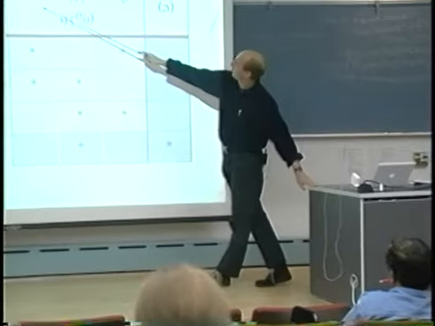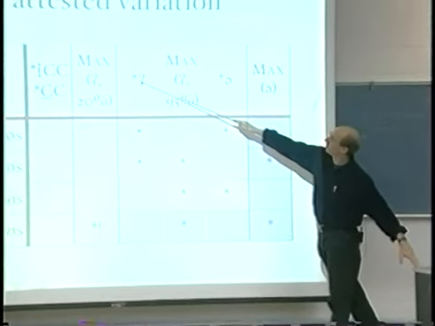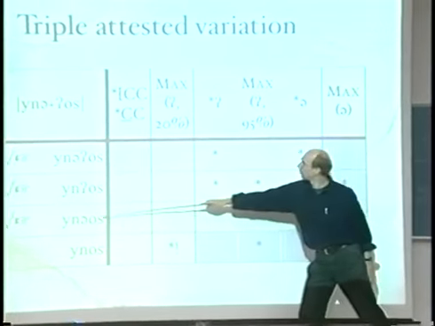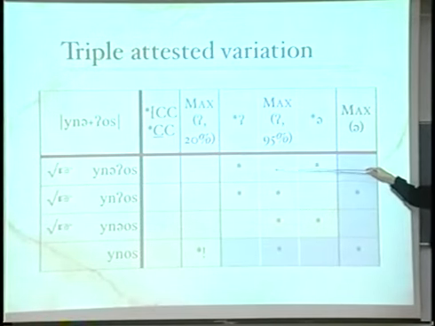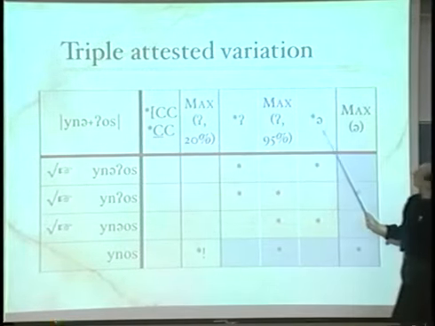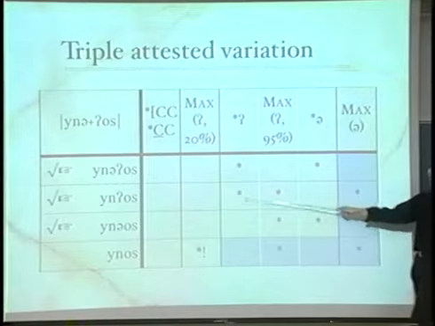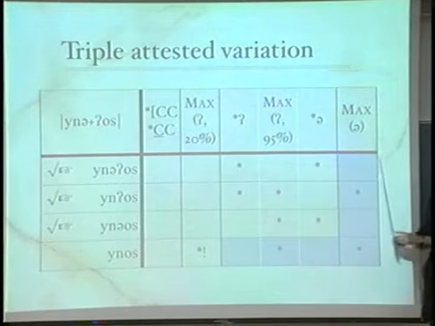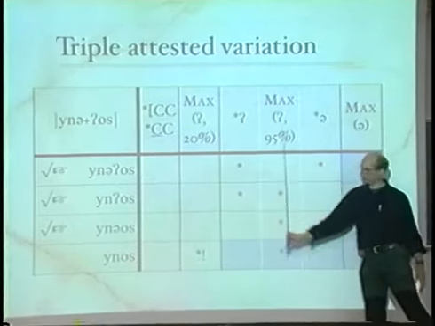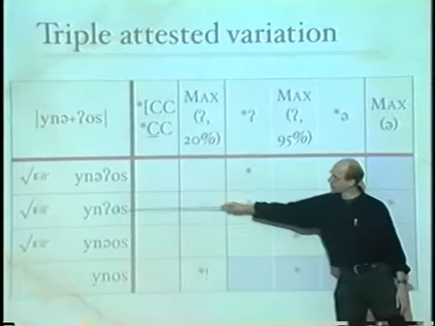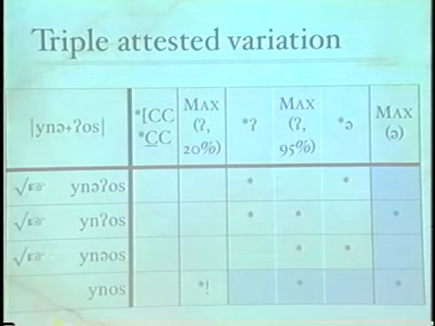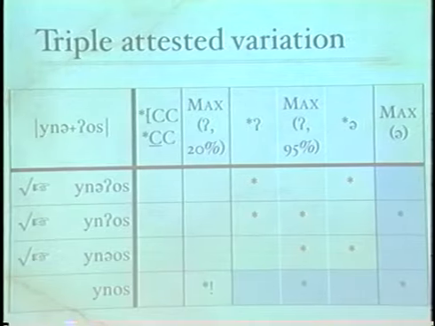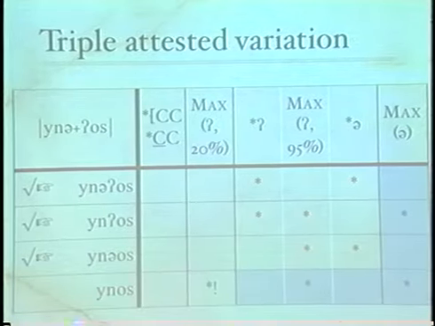Now, if this constraint is on top during evaluation, then this form will win. If this constraint is on top during evaluation, then this form will win here. And if this constraint is on top during evaluation, the second form will win. So by ranking these constraints at the same height, these forms become equally harmonic, so to say, they are all optimal. It's one of the ways of doing variation.